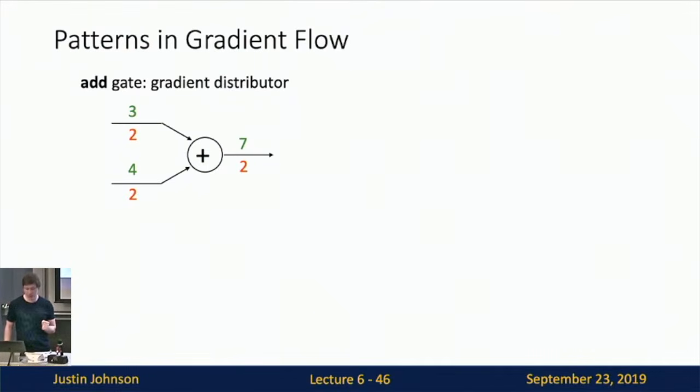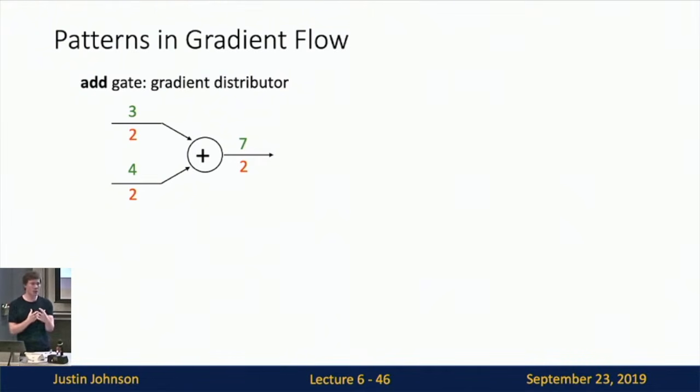The simplest example of this is that the add gate, or add function, acts as a gradient distributor during the backward pass. If we have a little function which locally computes the output as the sum of its two inputs, maybe here 7 is 3 plus 4, then during the backward pass, recall from the first example of our very first computational graph that the derivative of x plus y with respect to x is 1, and the derivative of x plus y with respect to y is also 1.